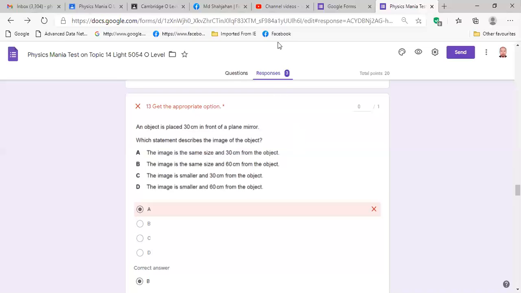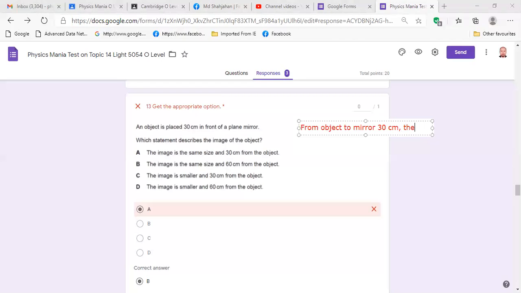So I'm writing here. Then you take the snap and send to our group. From object to mirror 30 centimeter.